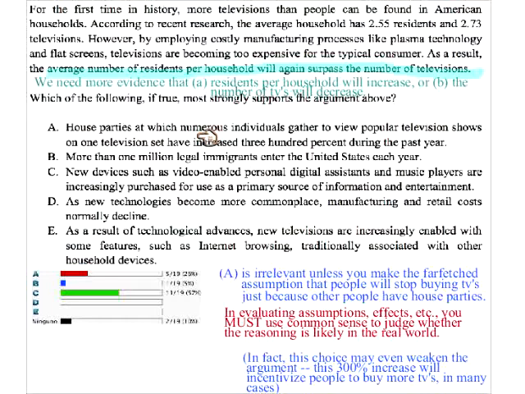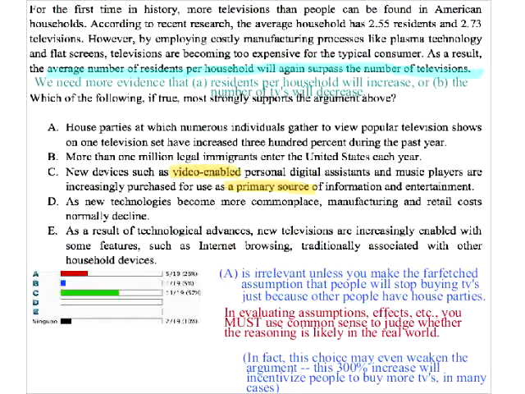C is actually saying that these people are going to replace televisions with these things as a primary source. So video enabled and primary source. That means that the televisions will no longer be a primary source for these people, which means they will buy fewer of them.